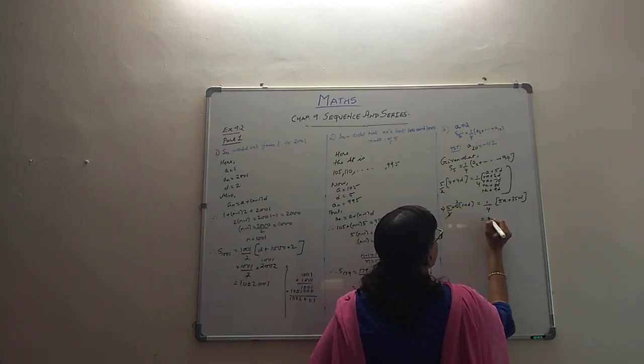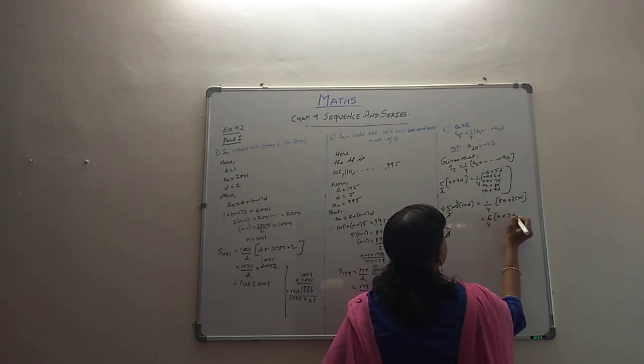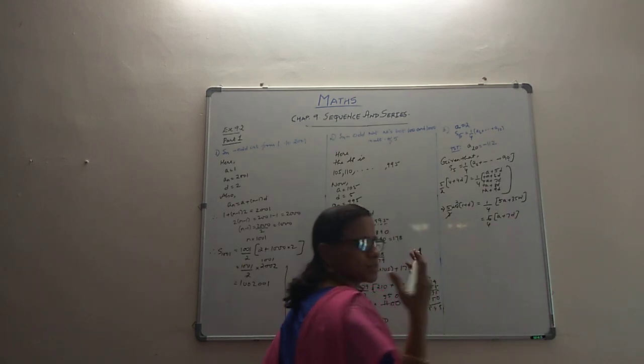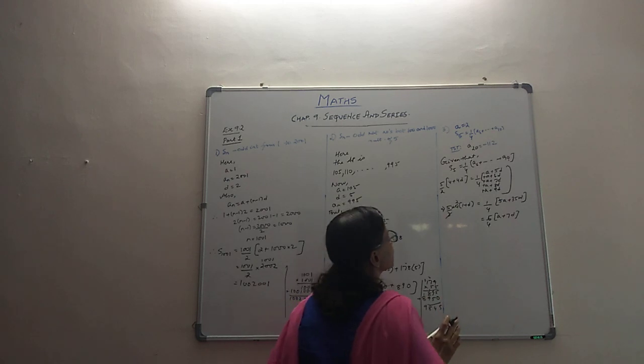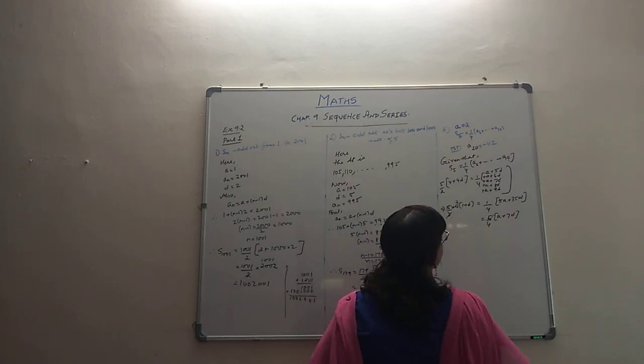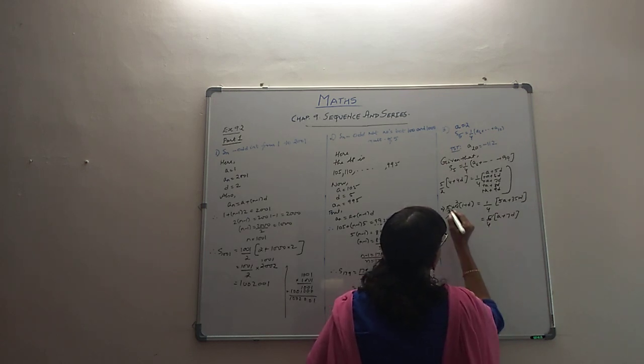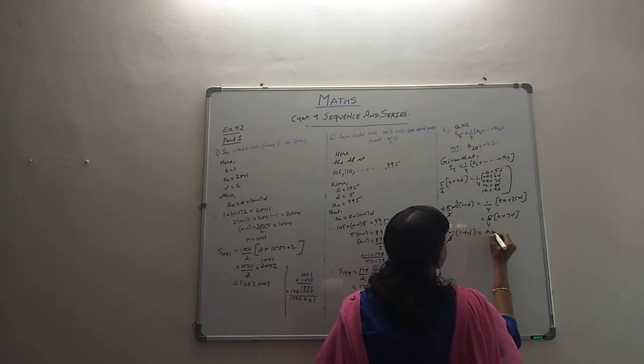Then 5 is common. You can have 5 times a plus 7d if you want, but otherwise terms are big. The idea is the same. The 5 can cancel from both sides. Yeah, that 5 and this 5 also can cancel. So what are we left with? Let this 4 also go there. So it is 8 into 1 plus d, and here it is a plus 7d.